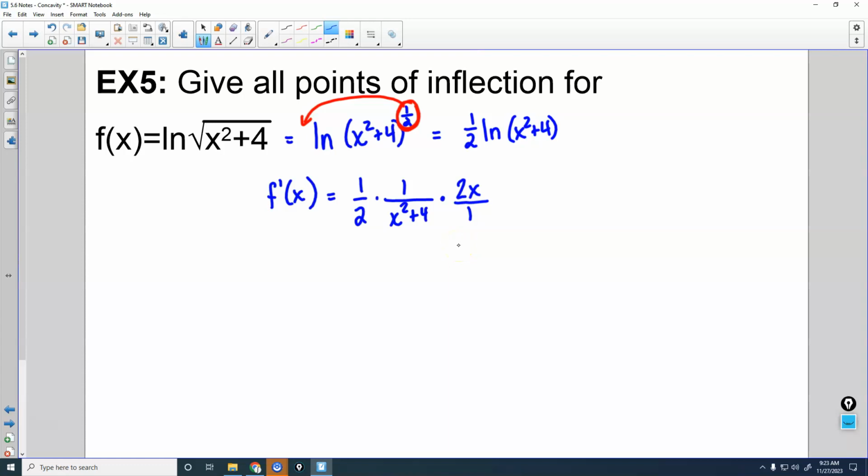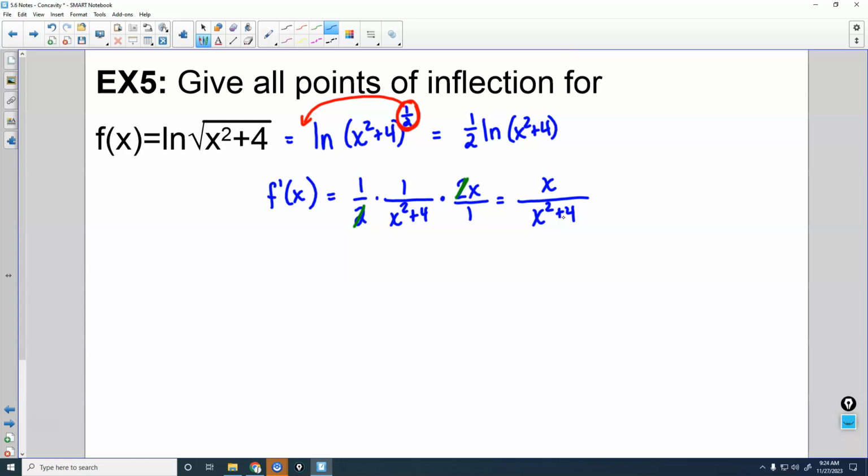So I got all my fraction stuff lined up here. Now, if you want, you can cancel this 2 with this 2 right here, or you could wait and do it later. And so I will get x over x squared plus 4. All right, that's my first derivative.